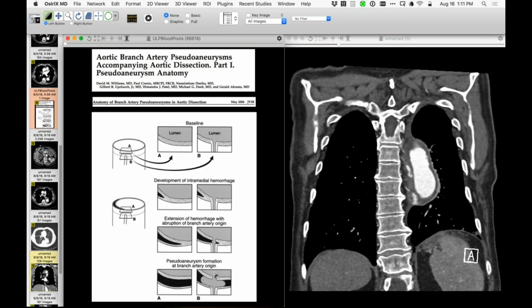And then if you look over here and you see the contrast-opacified blood coming into the wall, it may go a certain distance, of course, just reflective of how much time we scan it.